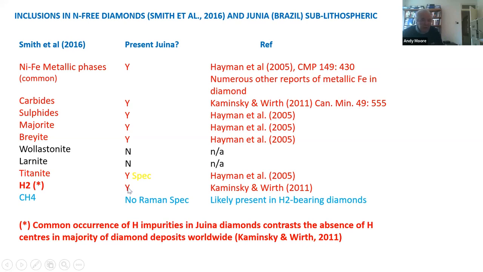This is actually rare in diamonds, and Kaminsky and Wirth said that the presence of hydrogen set the Juina sublithospheric stones apart from other diamond deposits worldwide, and hydrogen was reported from some of the diamonds in the study. So I believe this raises the query, is this a new paragenesis that differs from the known sublithospheric parageneses? I think this is debatable.